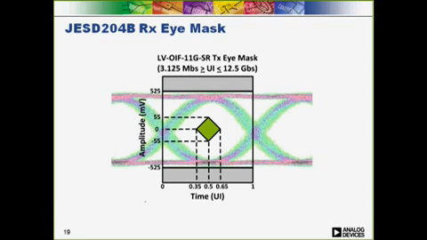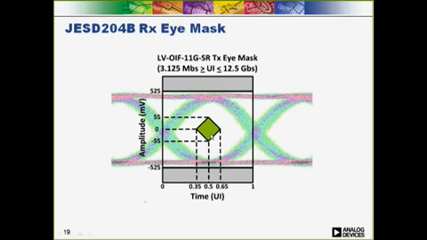And this is an example of an eye pattern with the JESD204B receiver eye mask overlaid on it for lane rates between 3.125 and 12.5 gigabits per second. For compliance testing to the receiver eye mask, the measurement is taken at the input pin of the receiving device. The receiving device must be able to capture a signal down to this eye opening with an error rate of better than 1 × 10⁻15.